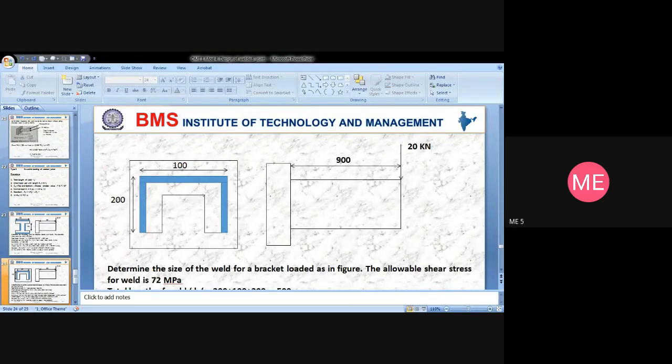Please solve the problem and let me know the answer of size of weld.